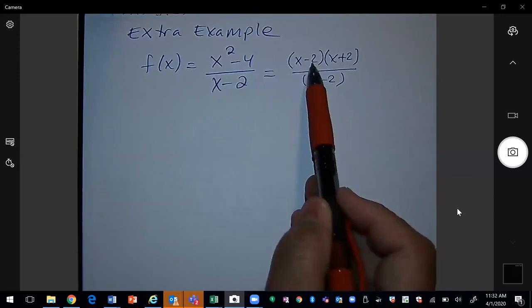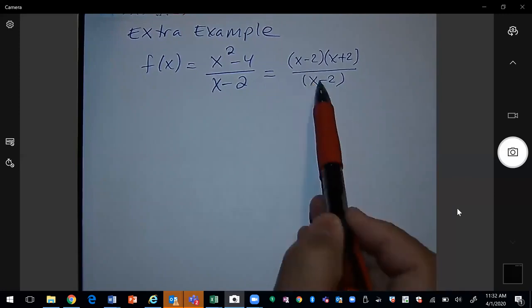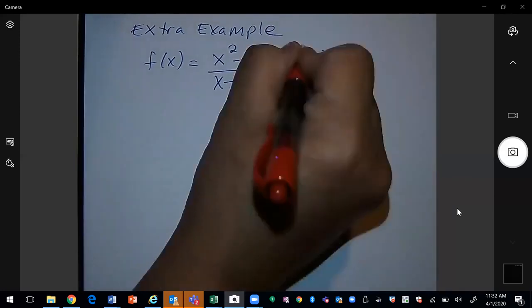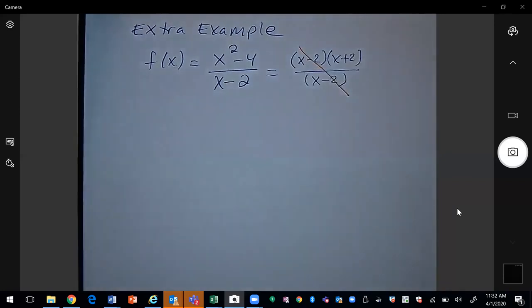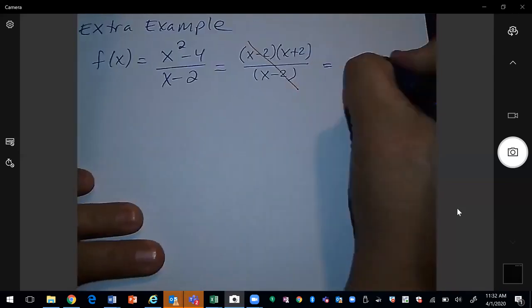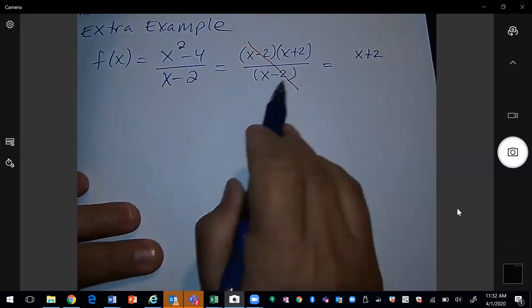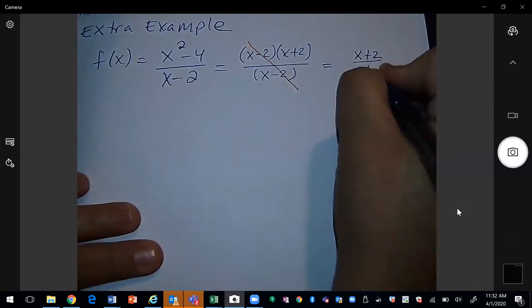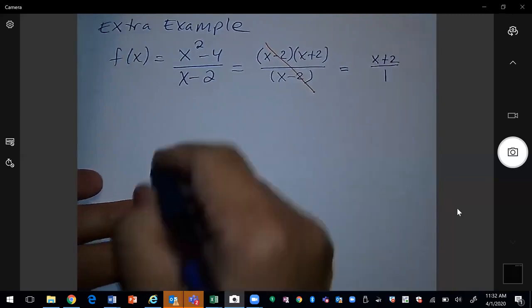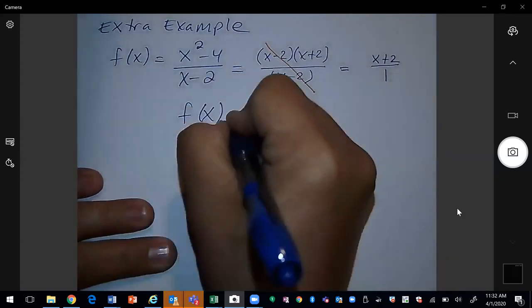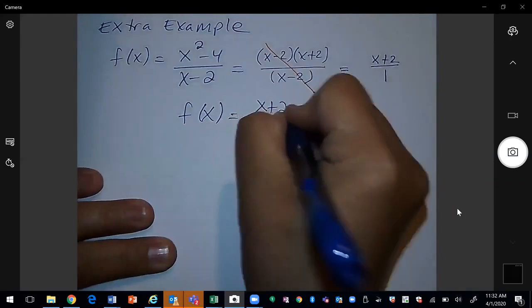So the x minus 2 and the x minus 2, they're the same, right? Mm-hmm. So those we can cancel. And so what we have left is going to be x plus 2 on the numerator. And on the denominator, there's nothing left, so there's only a 1. So our new function here is x plus 2.